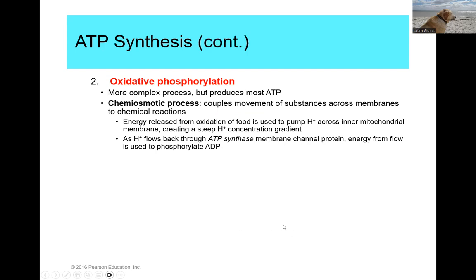Oxidative phosphorylation is a more complex process, but produces the most ATP. This uses what's called the chemiosmotic process. It couples the movement of substances across a membrane to chemical reactions.